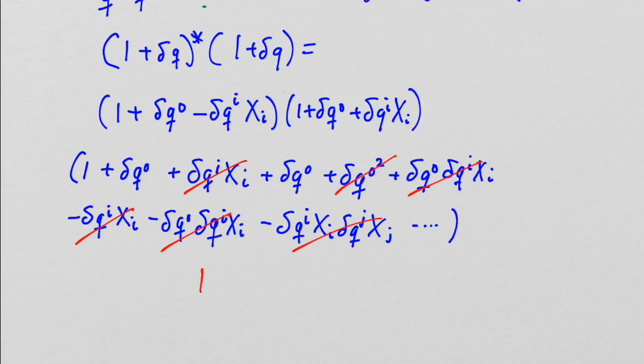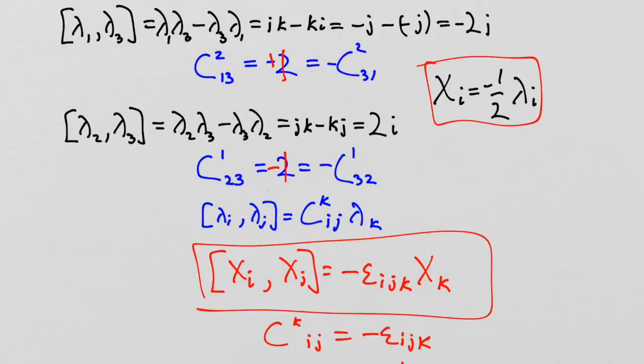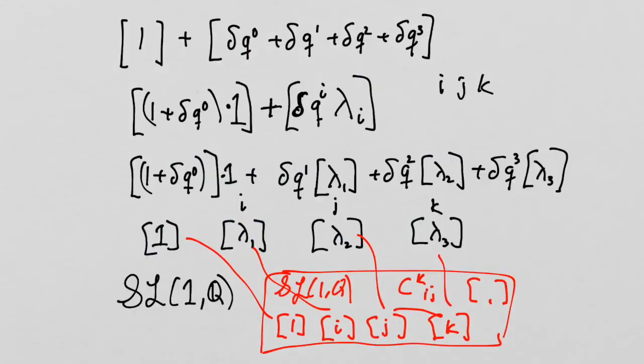Ultimately, you're left with 1 plus 2 delta Q0. So that basically means this modulus has no hope of being 1 unless the Q0 part is 0, right? And so that's the point: if you go back to the algebra that we're dealing with, the Q0 term is always 0.